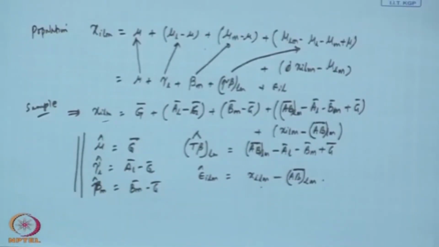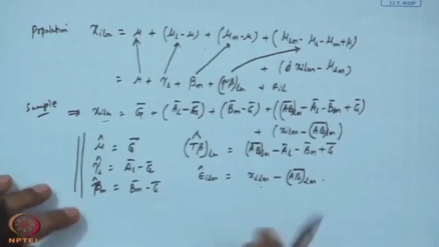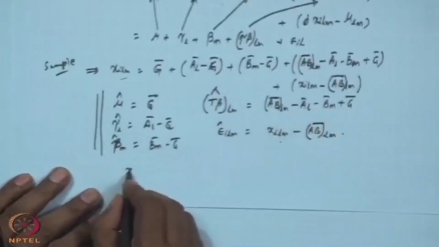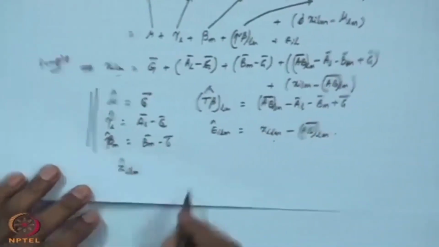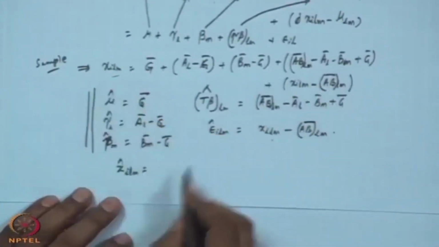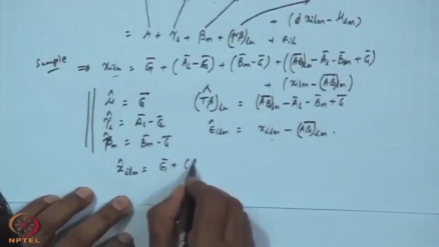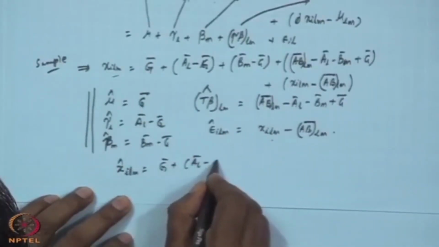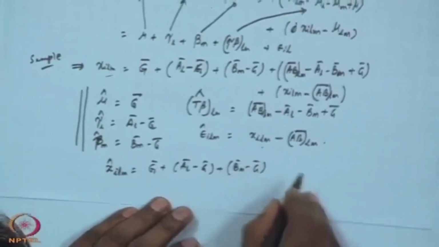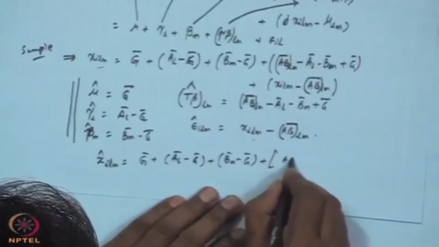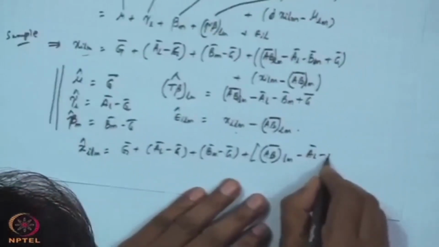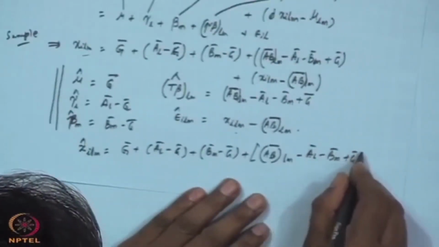And now you see, what will be the predicted value of X_ILM? Everything will remain except the error term. So, this will be G bar plus (A_L bar minus G bar) plus (B_M bar minus G bar) plus (AB bar LM minus A_L bar minus B_M bar plus G bar).